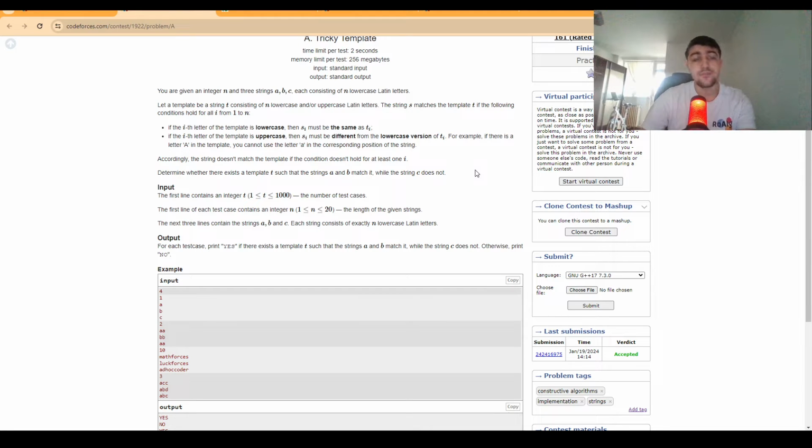C doesn't. And for this problem, it may be tricky at first because you read about templates, you might think about what kind of patterns you could see and stuff like that.